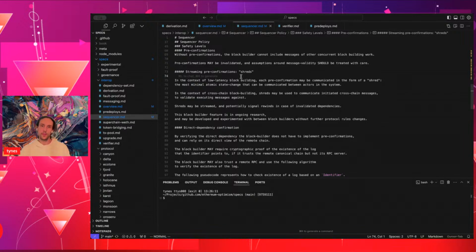I think that shreds are a really cool idea, but I don't think that we should have it in the specs right now. We just don't have it.